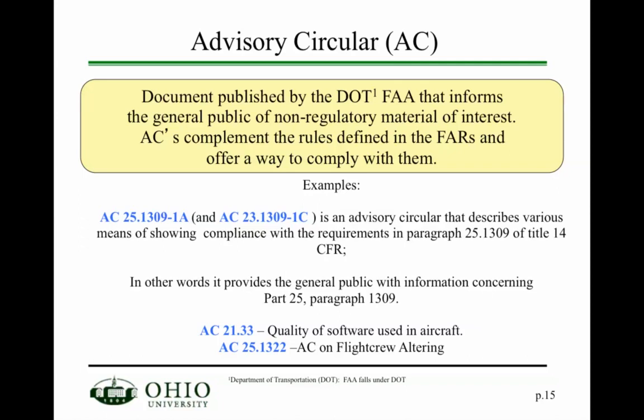So it gives you additional material that you can use in addition to the often very concise paragraph in the regulations. That's what we call the advisory circular. So if you go to a rule and regulation, you read it, you find it's often very short. Sometimes you can find more information by going to an associated advisory circular.